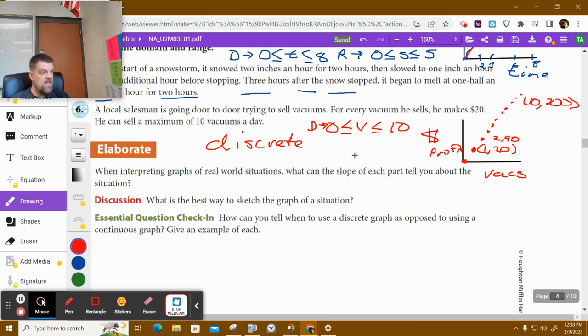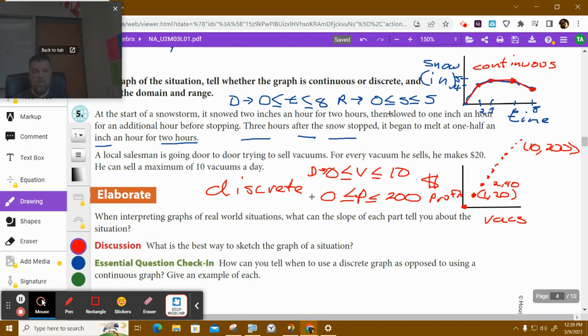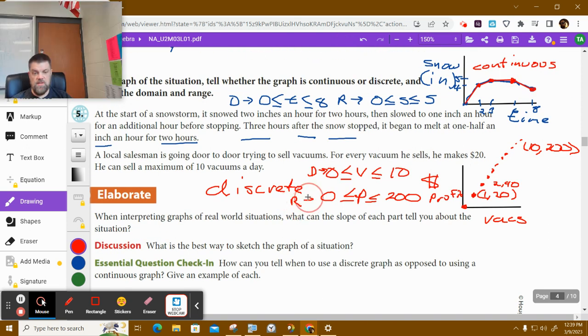Profit, we'll just say P for profit, goes from 0 to 200. But you got to write that one a little different. I have to say that these are whole numbers. So for the range, just remember somewhere down there to say whole numbers only. In other words, I can't say 2.5.